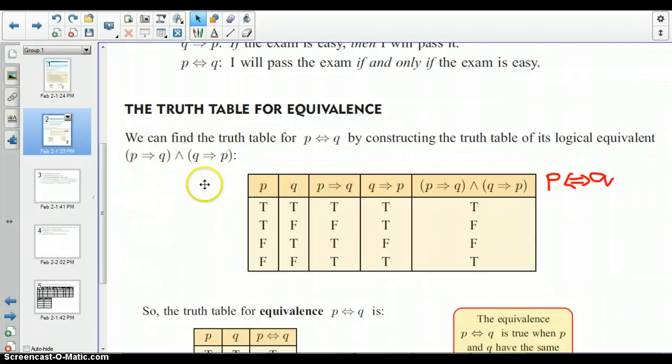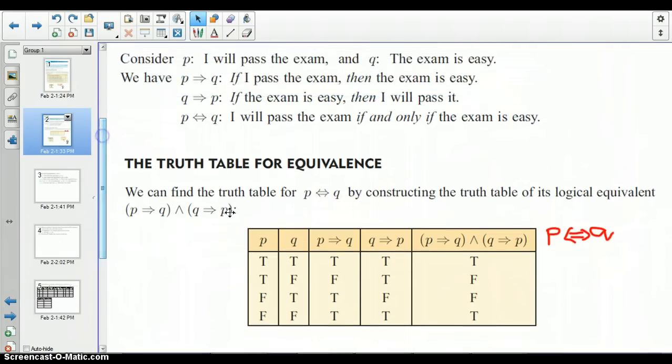Because remember, the conjunction of the two implications is logically equivalent to the equivalence, if and only if. So we have these propositions. P is true here, P is true here, false here, false here. These are the possible combinations.